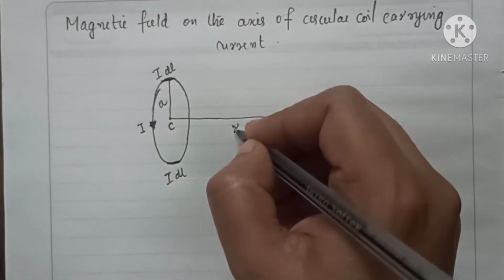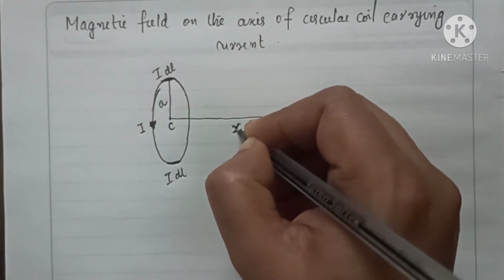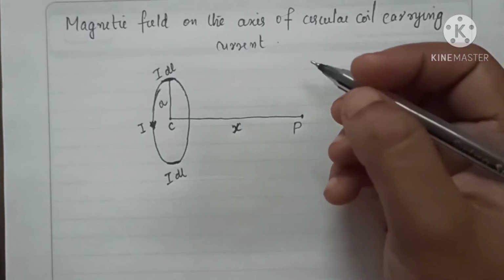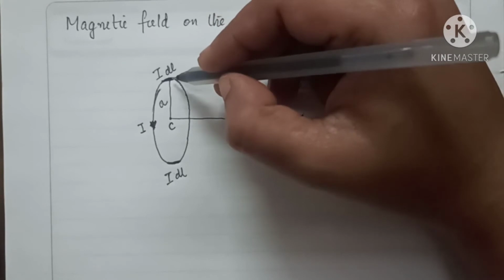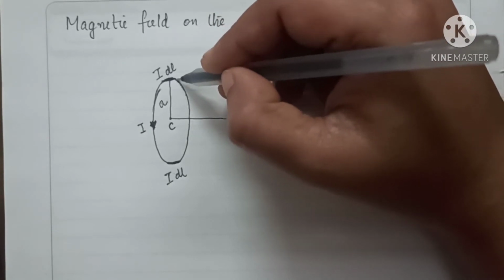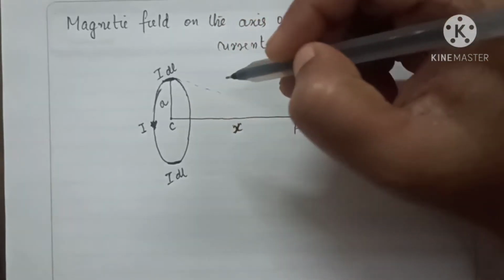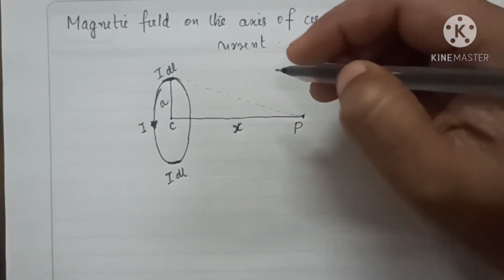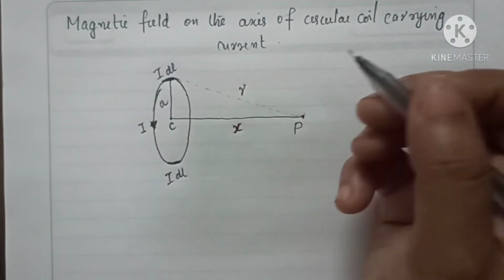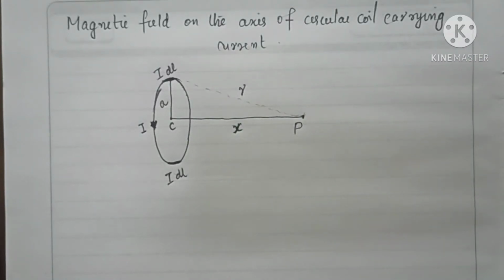You can name it as X, okay? That is X. Now this distance, that is from P to this current element, can be taken as R. Clear?